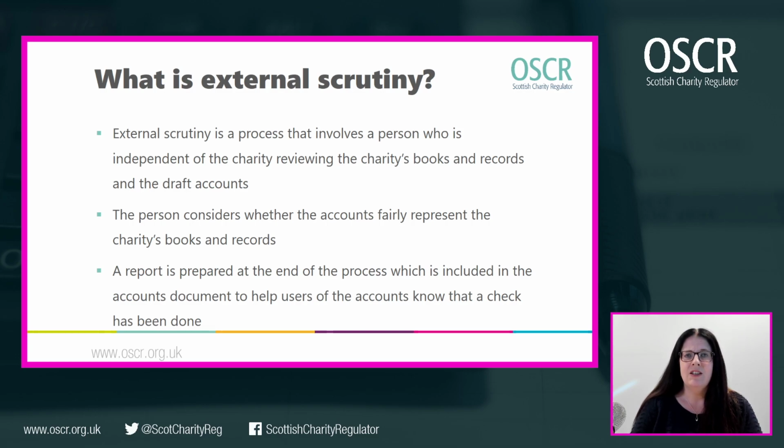The person is essentially trying to make sure that your accounts are a proper representation of your accounting records, and they sign a report at the end of their checks that will give any reader of your accounts some comfort and assurance that someone who's independent of your charity has looked at your accounting records and is giving a statement that says that your accounts are a fair reflection of those accounting records.